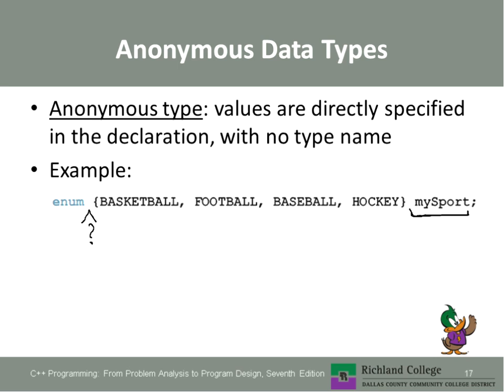Well, there is no name to it. So if there is no name to it, how do we create that data type? Well, we really don't. And that's the value of this. Like I said, if these are basketball, football, baseball, and hockey, you just really want to use them as constants in one big group, then you don't want to create a data type.